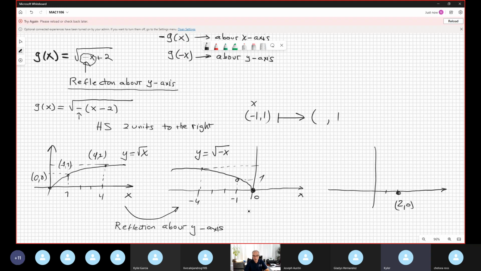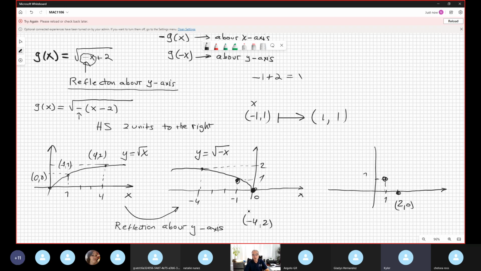So -1 plus 2 is 1, the positive one. This point becomes (1, 1). This point, transformed as this point, and that point is the point (-4, 2).